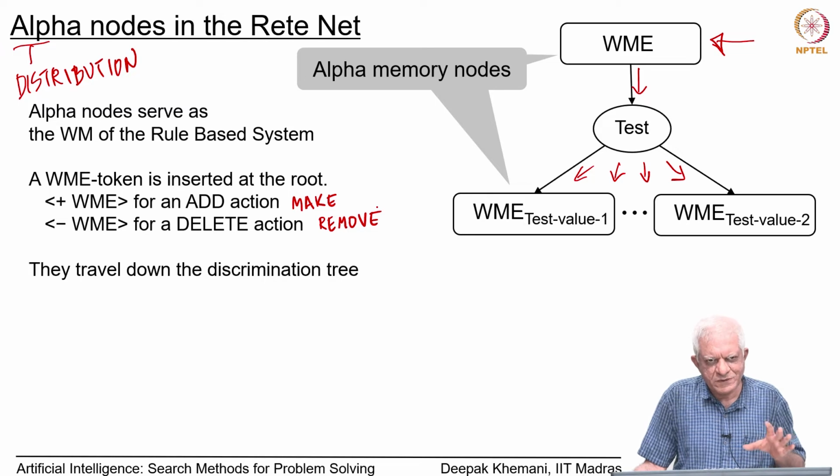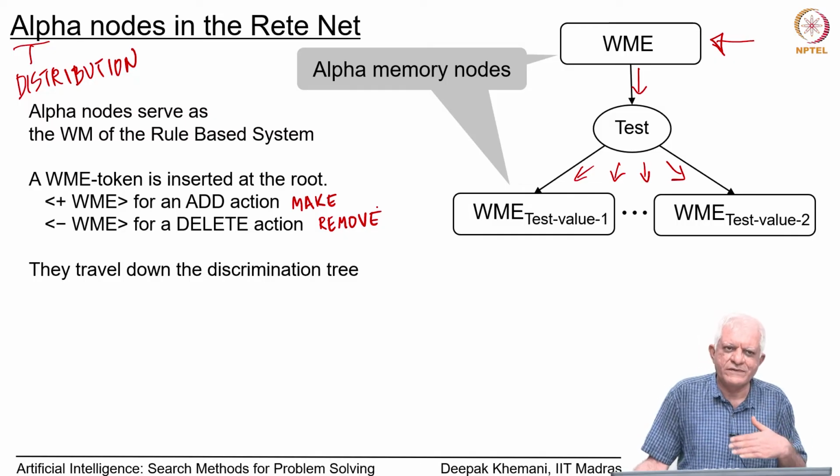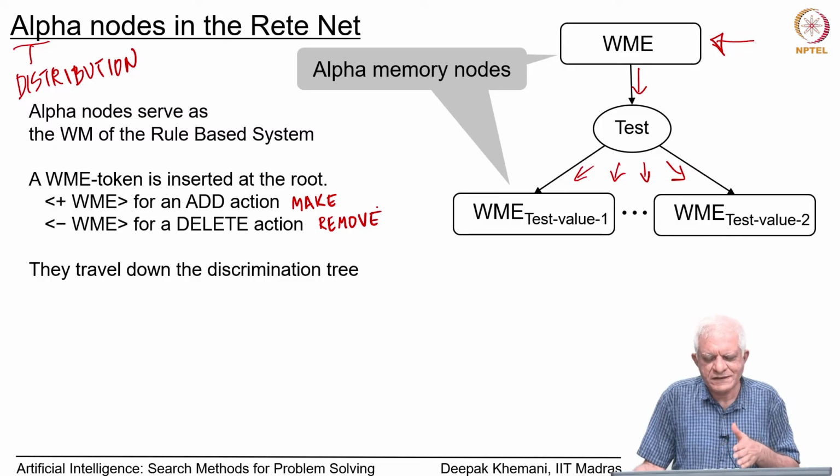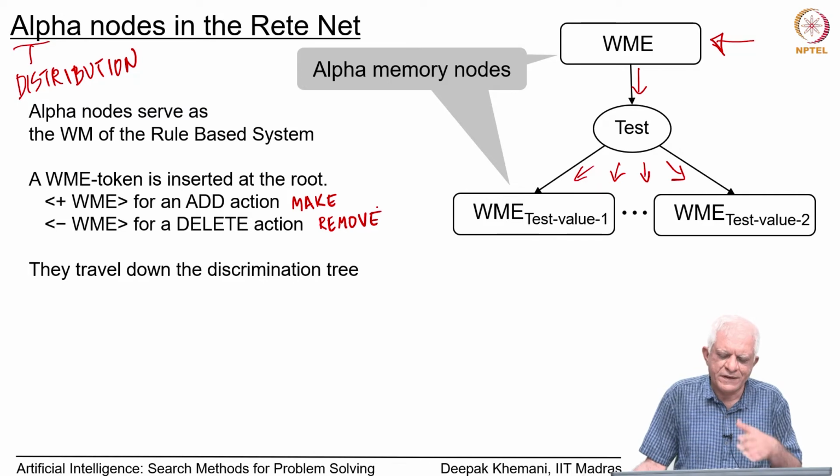So, essentially if you remember the rules, it says delete this working memory element, and then it has to go back and somehow delete it. Now, conceptually, instead of finding where that token is lying in the memory, we will again go through the process of search that the discrimination tree does. The only difference is it is a working memory element which will go through the search, through the tests which are there in the discrimination tree.